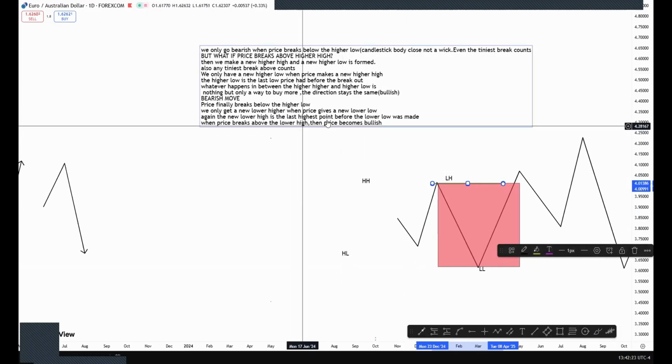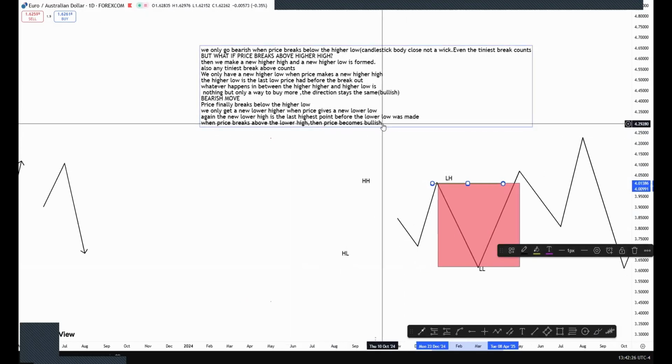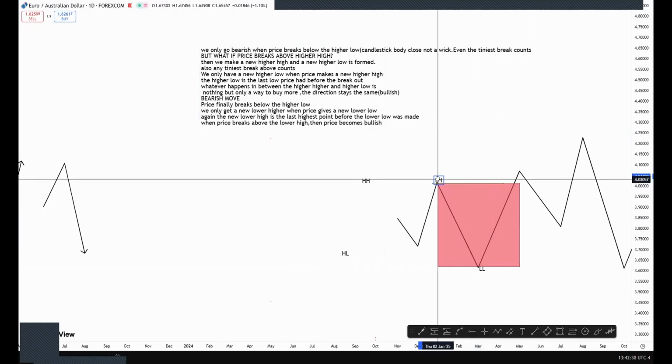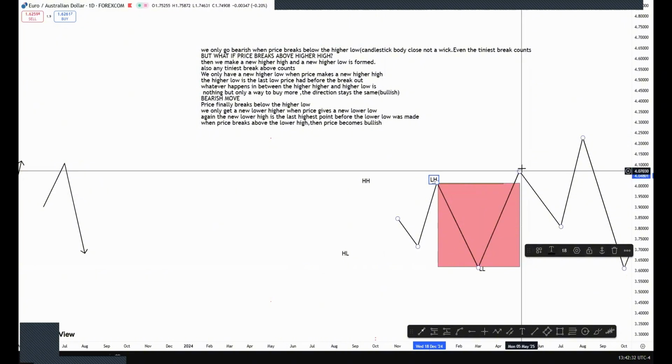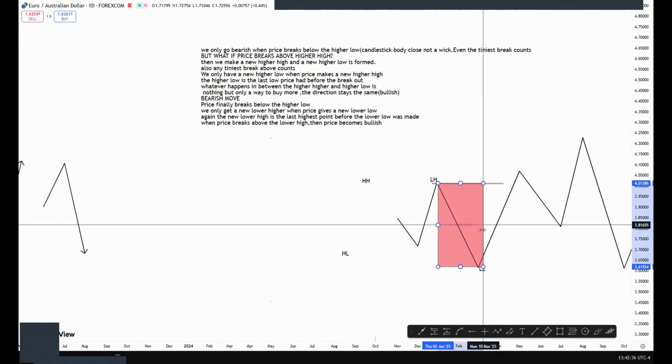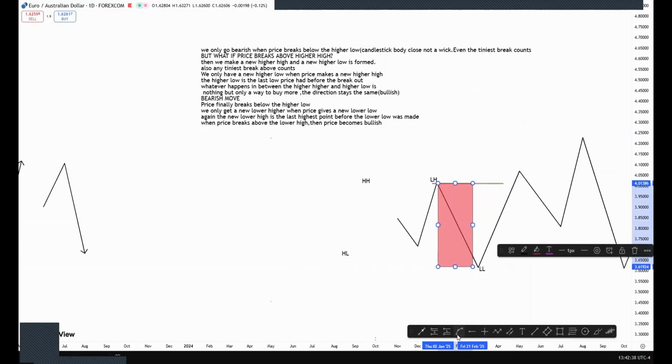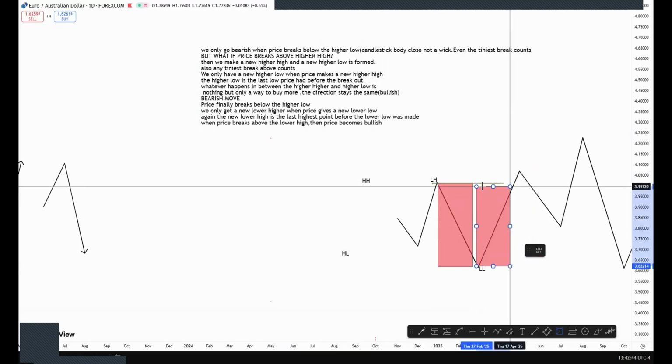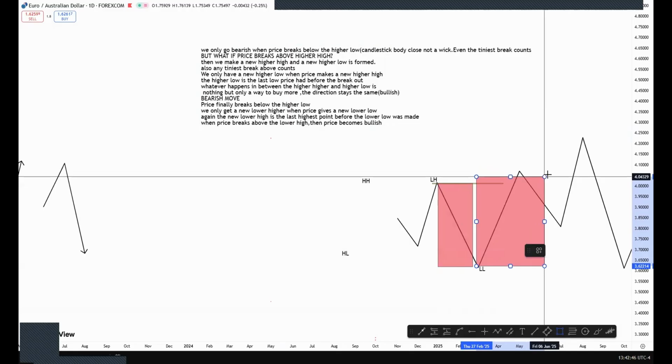Our lower high, then price becomes bullish, you see? Then what does price do? Just after the same time, price breaks above. So the moment price breaks above, this remains bearish, and then now we have a new trend because we've broken above this lower high at this point.